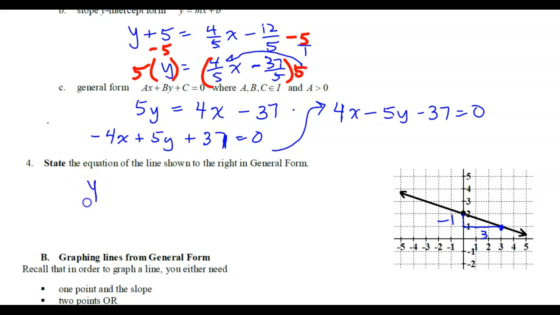So y equals -1/3 x plus 2. You could use point slope form if you wanted. Totally up to you.